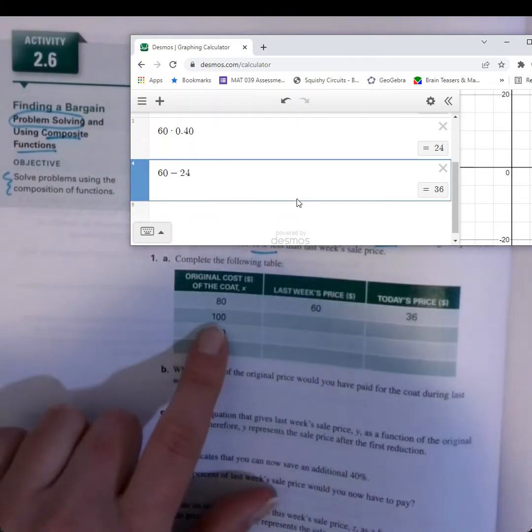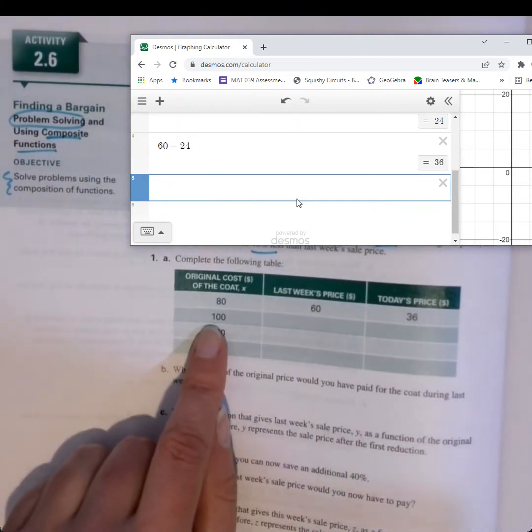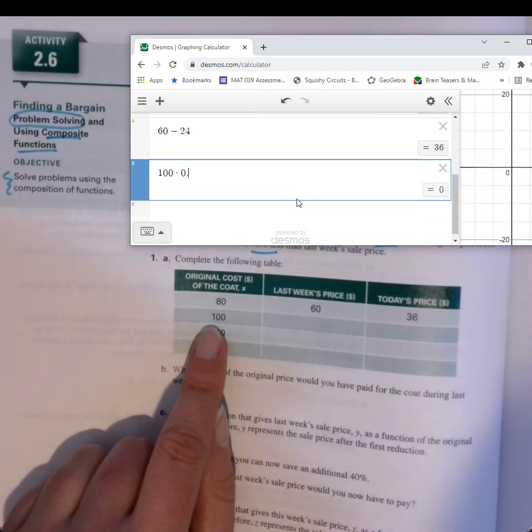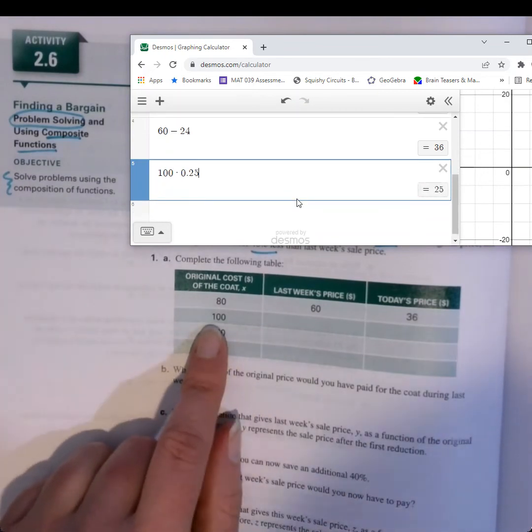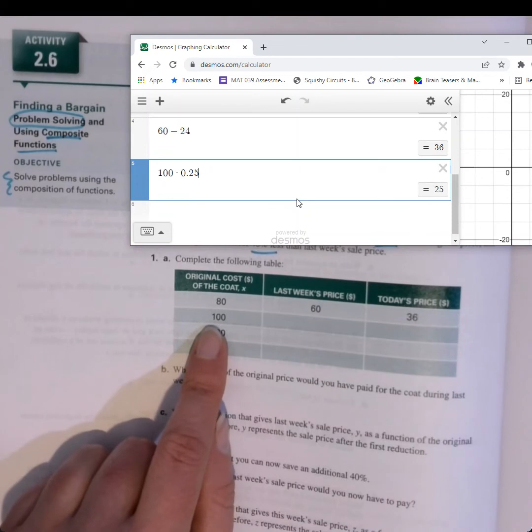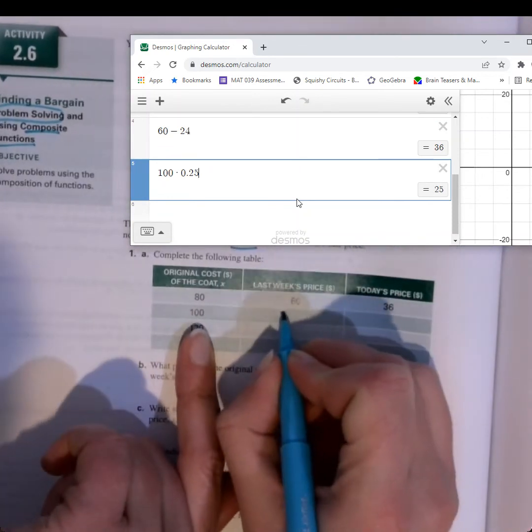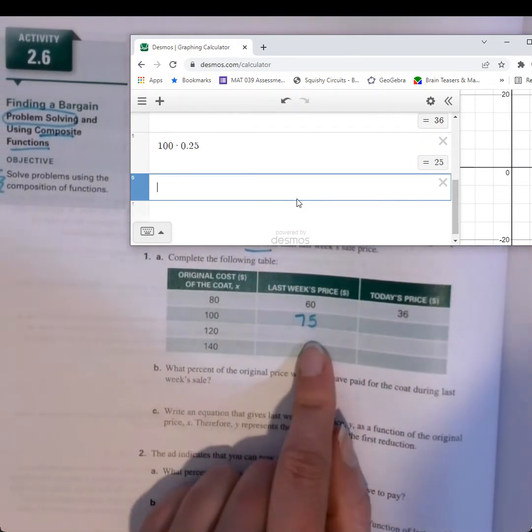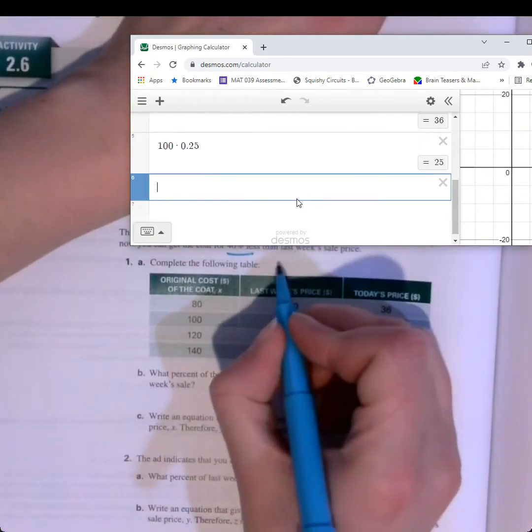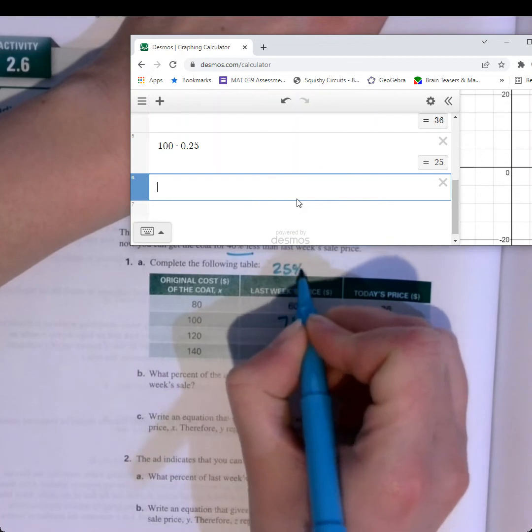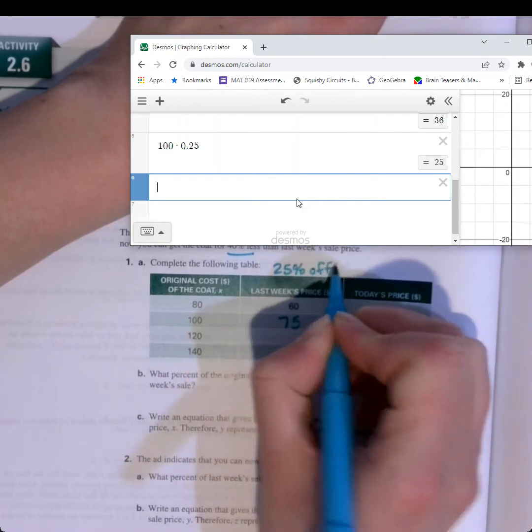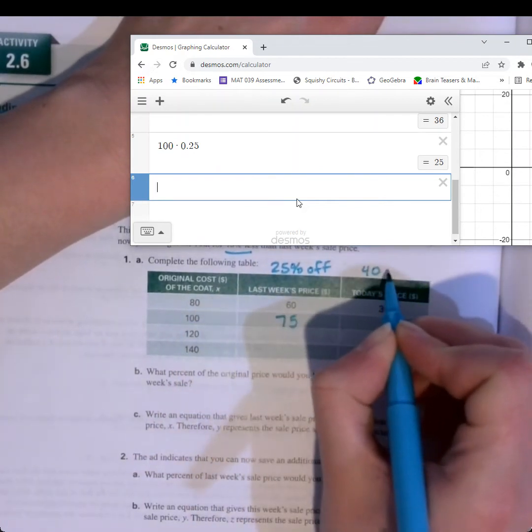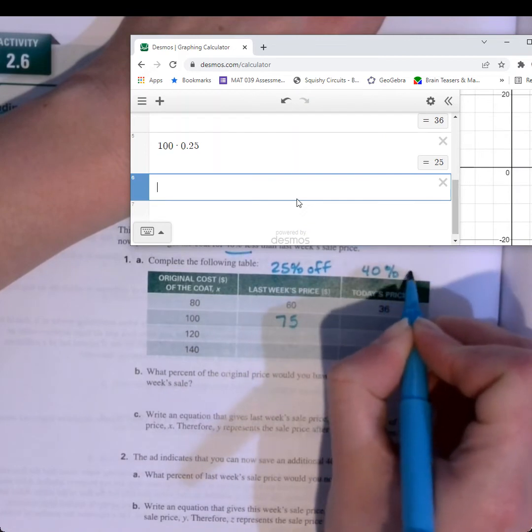Okay. So again, if my coat starts off at $100, and first of all, I save 25%, that means I save $25. So I'm going to have to pay $75. This 100 minus 25 is 75. I'm going to keep a note that this is 25% off, and this column over here is 40% off.